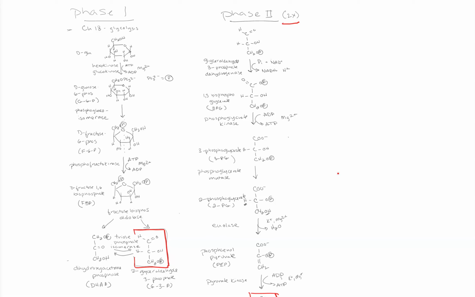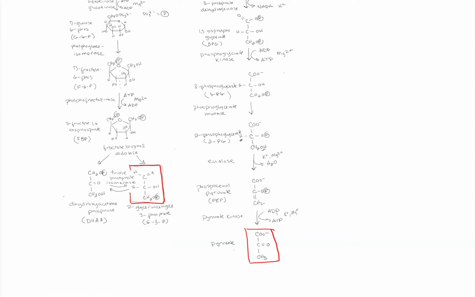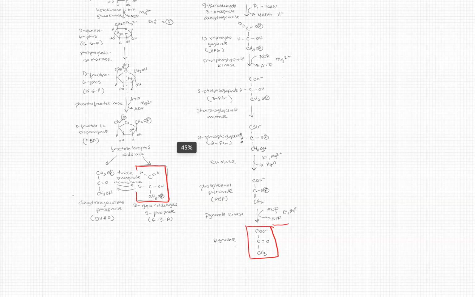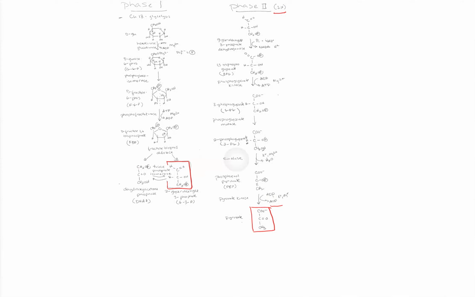Once we've moved to the 2-phosphoglycerate, we can do a dehydration reaction forming phosphoenol pyruvate in the enol form, which is high energy, and it wants to go to the keto form, which is our final product, pyruvate, and this is also where we get our ATP surplus from the process. So that is the overall summary of glycolysis, phase 1 and phase 2.